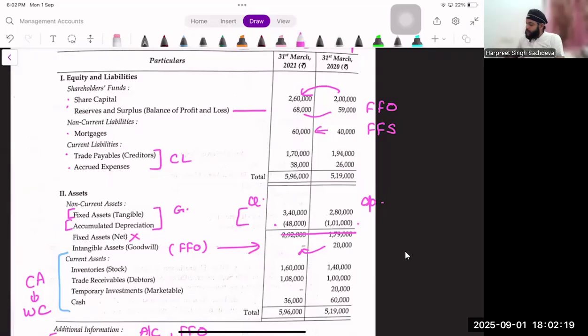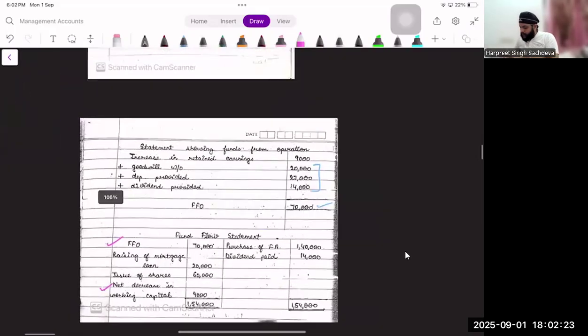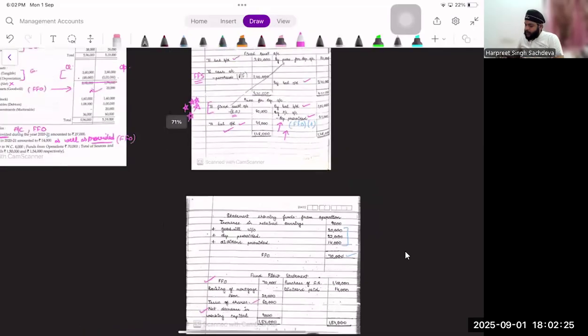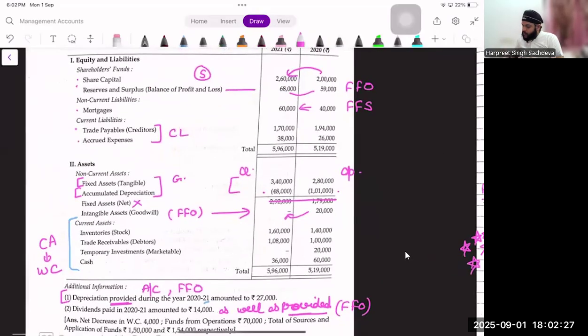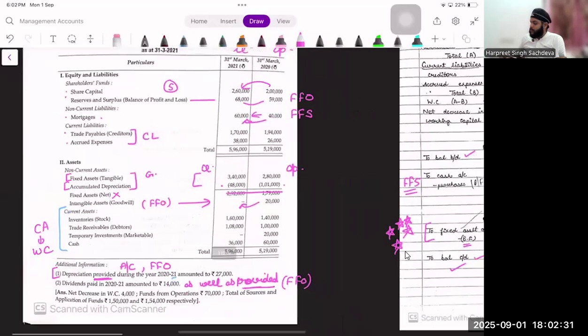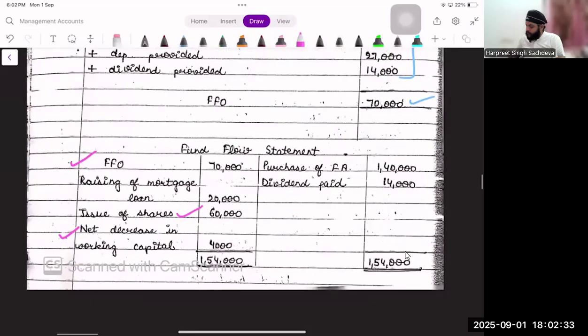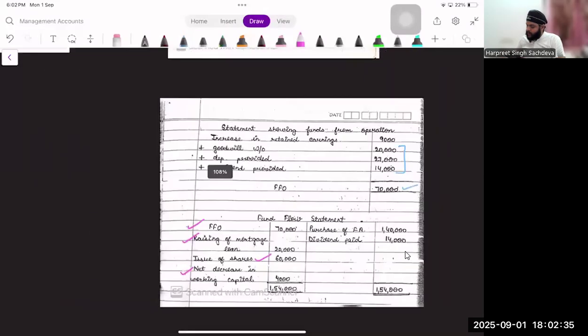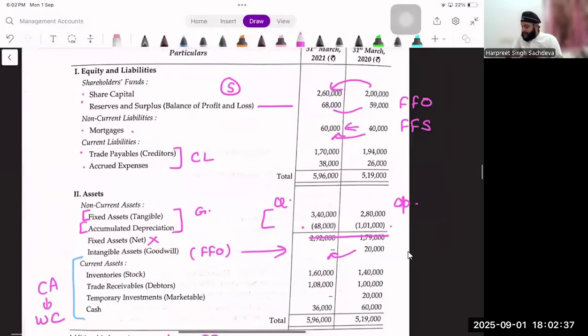Okay. So issue of share capital is a source, 60,000. Source 60,000, issue of shares. Then next, reserves and surplus is done. Mortgage increased by 20,000 means raising of a mortgage loan of 20,000, again source. Then next point, CL is done.